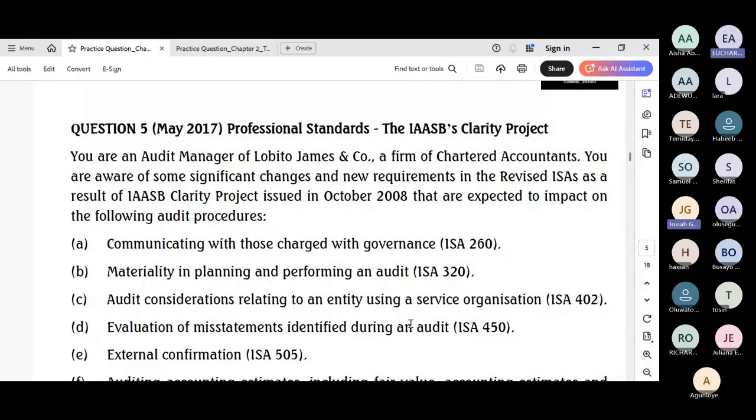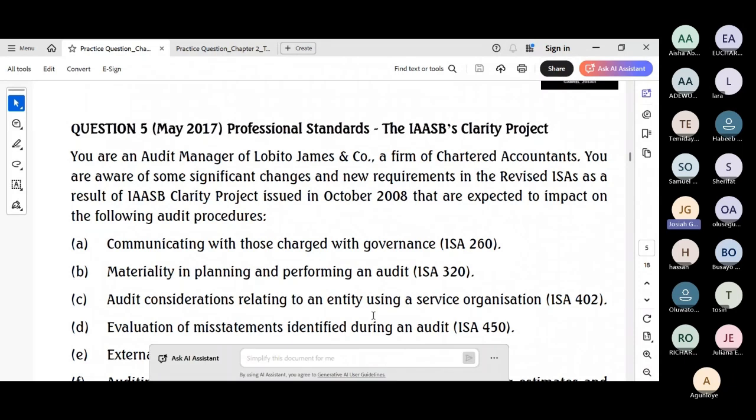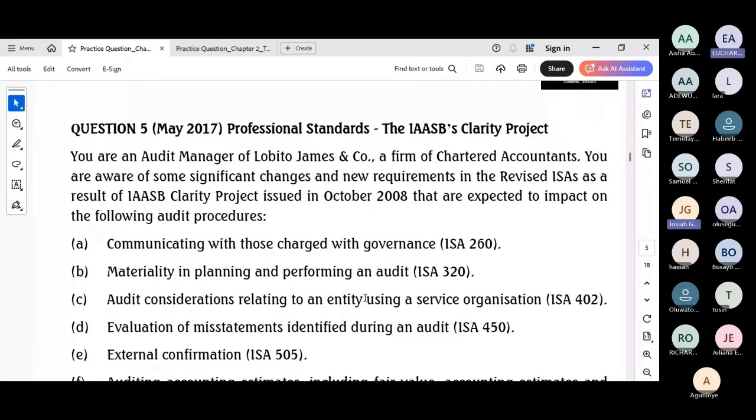So the examiner can bring anything. That's one thing with ICAN. He tested it May 2017 and May 2025, your last diet. The last exams. Yes, I'm just seeing it here now. So that's ICAN for you. Expect anything.